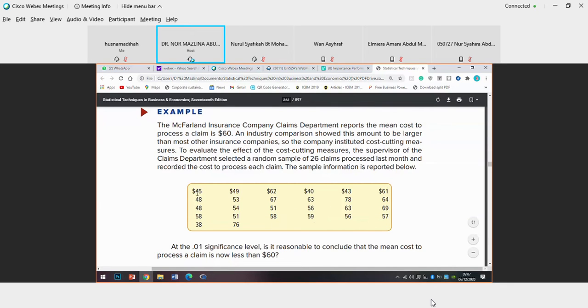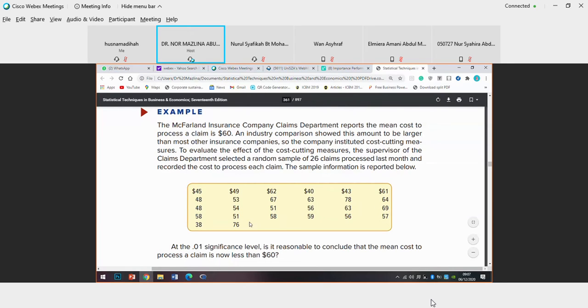Okay, nampak ni. Kos pertama. Okay, $45, $45, 48, 48 kurang ni kan? Kurang daripada 60 kan? Okay, kurang, but nampak tak? Ada value 76. Ada value tinggi lagi 78. 69. Okay, 63, 64.